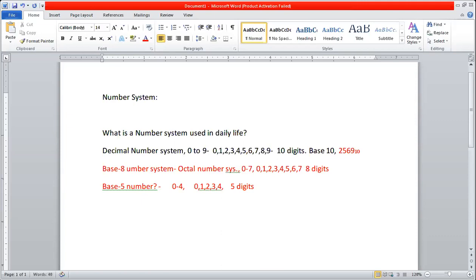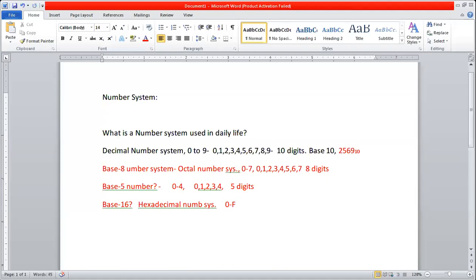Okay. Then what about base 16? Hexadecimal. Yes, that is called the hexadecimal number system. Okay. So what are those numbers? 0 to F, not 15.